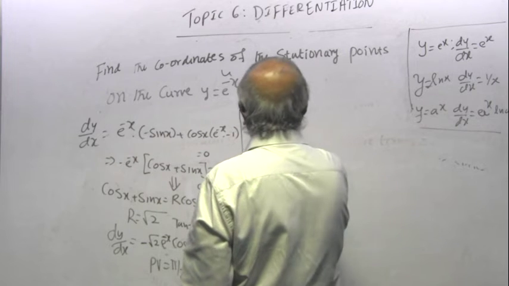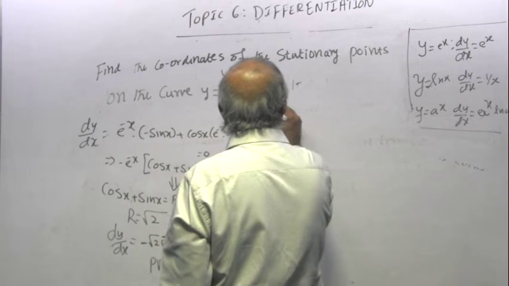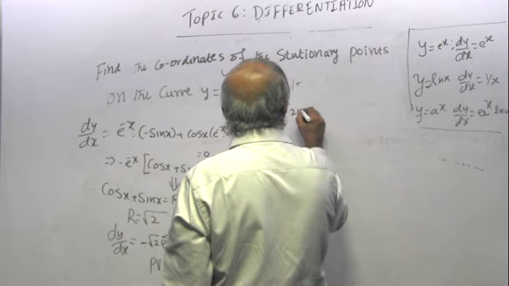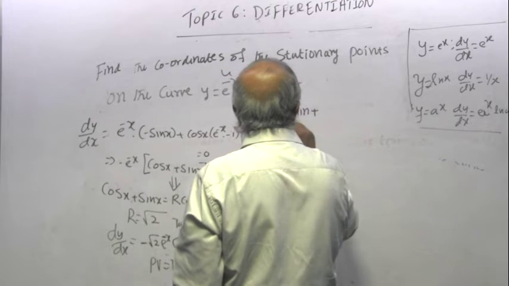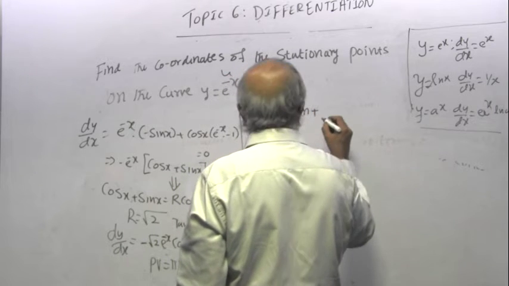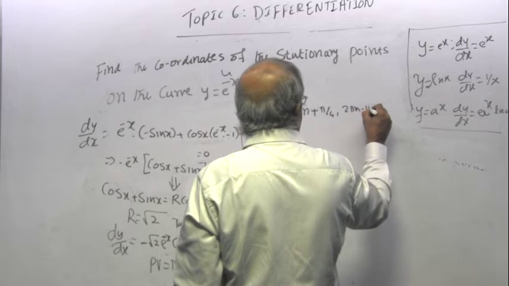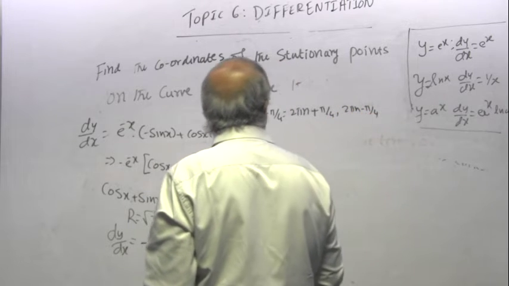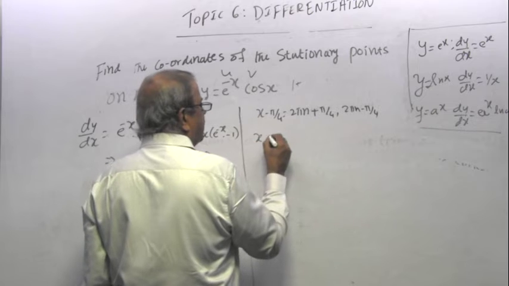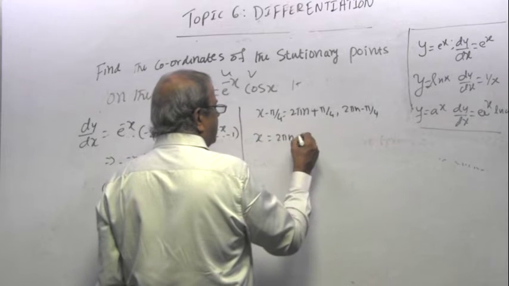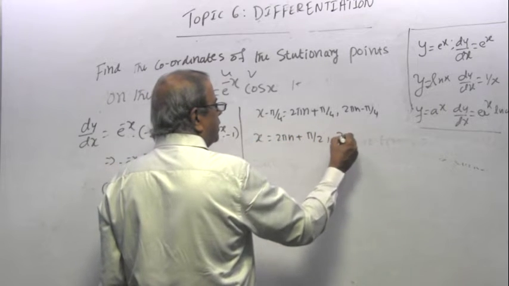Okay. So therefore, x minus pi over 4 equal to 2 pi n plus pi over 2, or 2 pi n minus pi over 2. So x equal to 2 pi n plus 3 pi over 4, then 2 pi n.